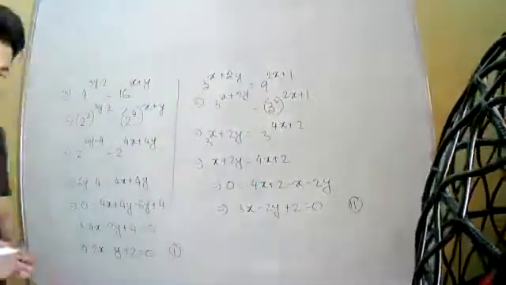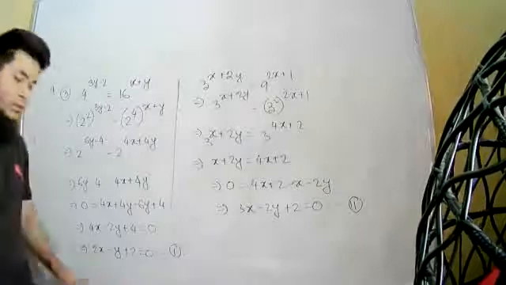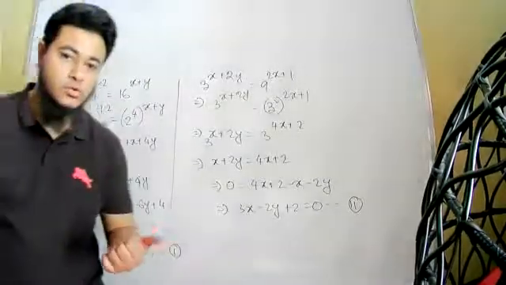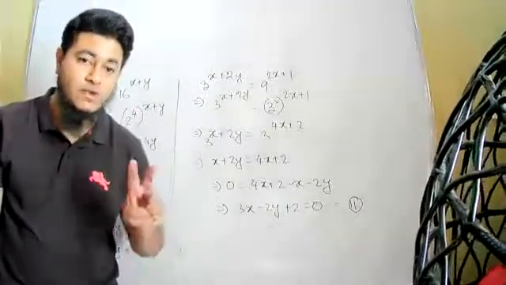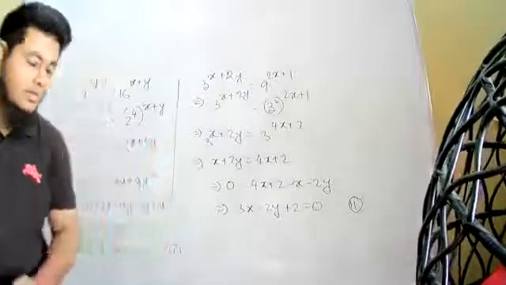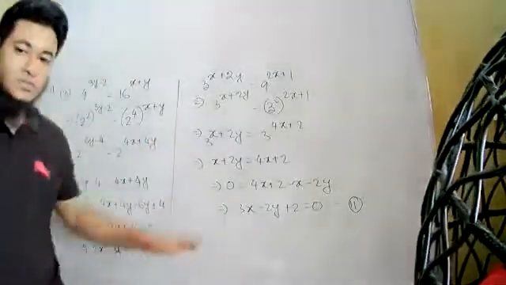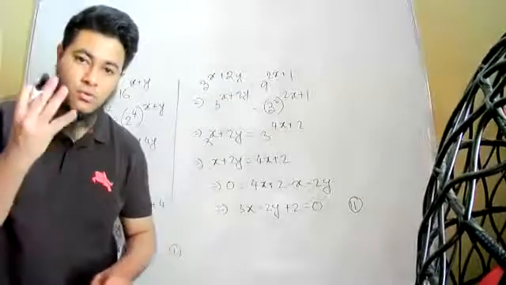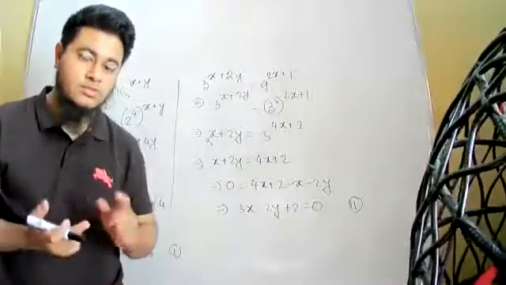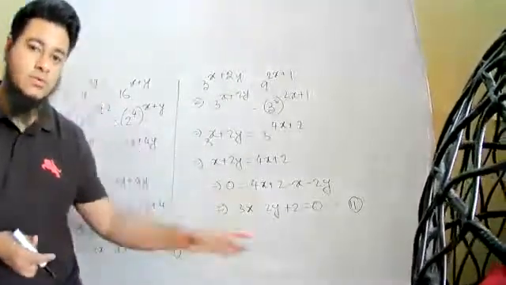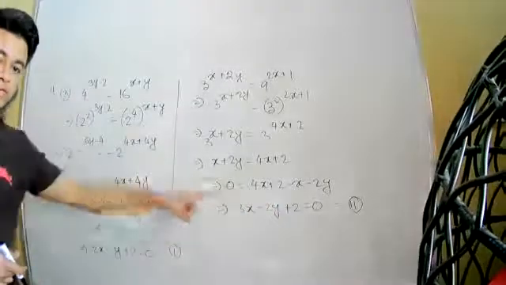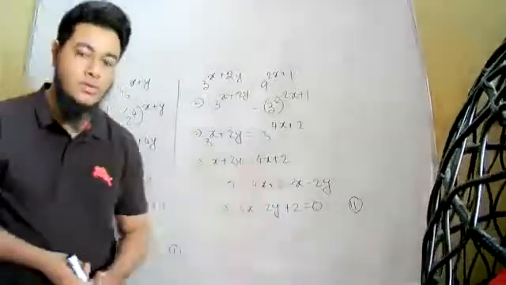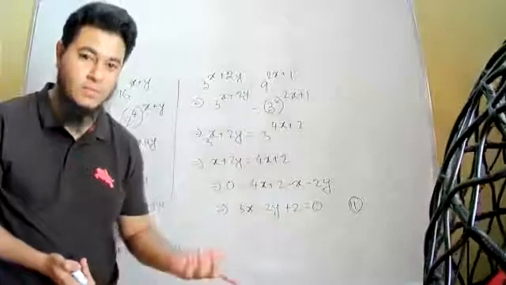Now the rest of the part, I believe you can do it yourself because you have already gone through simple simultaneous equations with two variables. In this chapter in general math, you have solved these equations using four methods: substitution, elimination, cross multiplication, and graphical. Use any one of them to solve this pair of equations, and you will get the values of x and y.